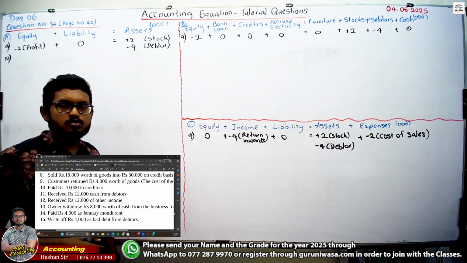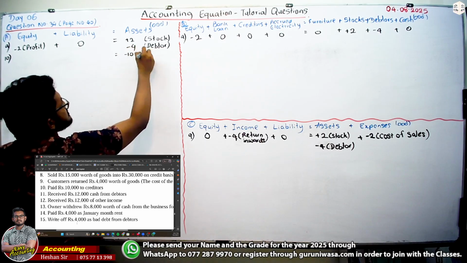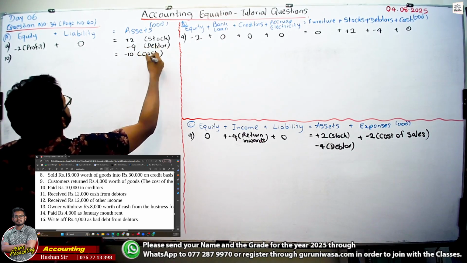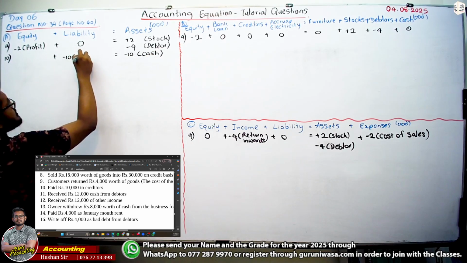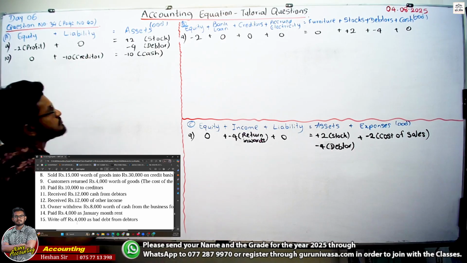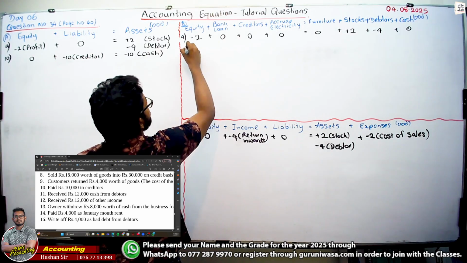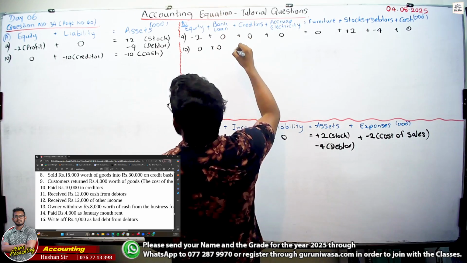Pay 10,000 to creditors. So our cash asset decreases. Our creditor liability decreases. Number 10. Creditor liability decreased by 10.